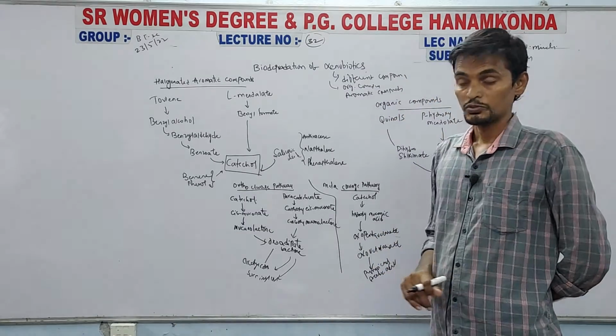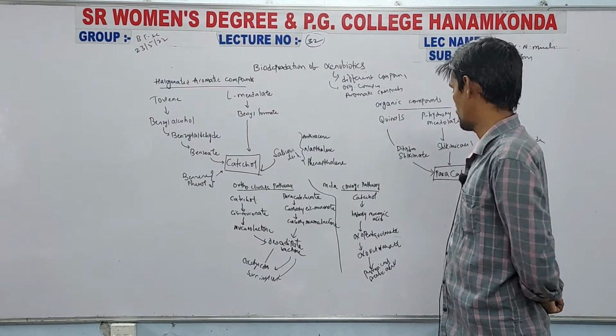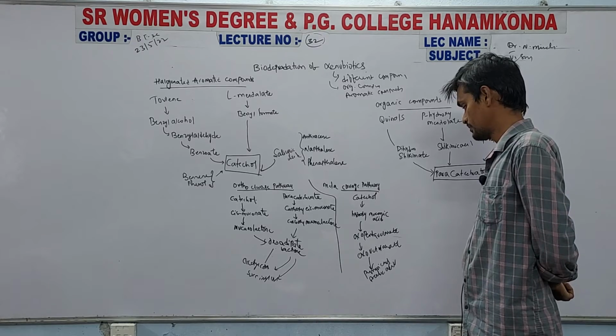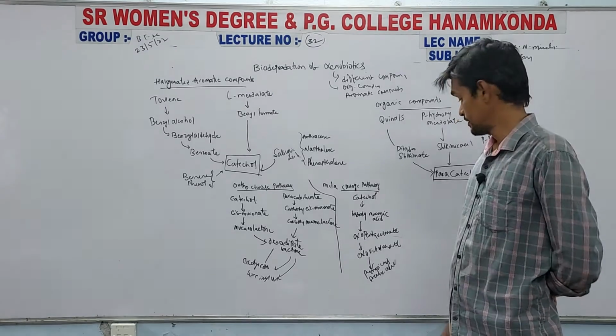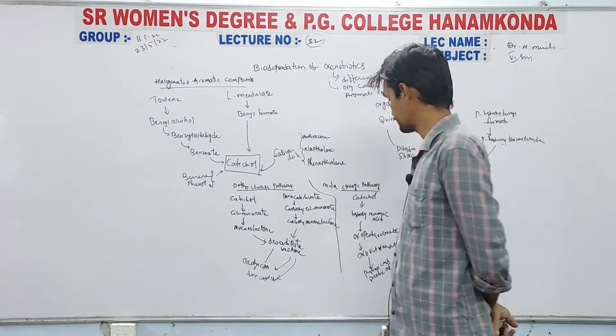So in the meta cleavage pathway, catechol undergoes degradation to form hydroxymuconic acid, oxopentenoate, oxovalerate, and pyruvic acid and acetic acid.